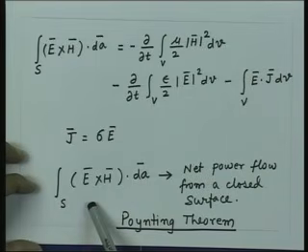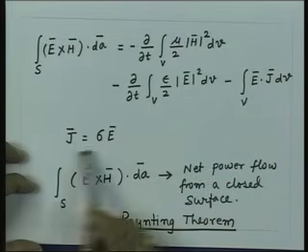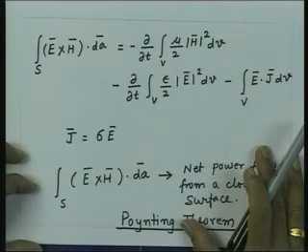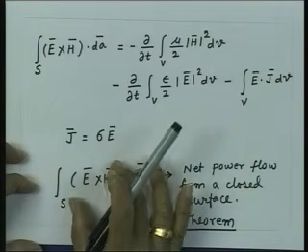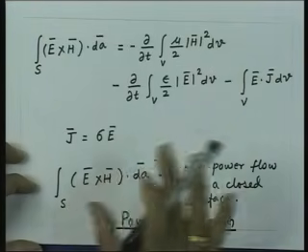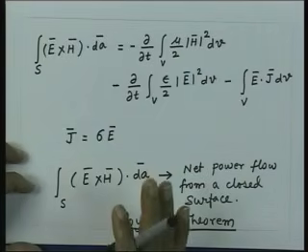However, we should keep in mind that saying that since the whole integral gives me the net power flow, this quantity should give me the power density at every point on the surface, is an arbitrary definition. The Poynting theorem does not say that this quantity represents the power flow per unit area at every point on the surface of this volume.